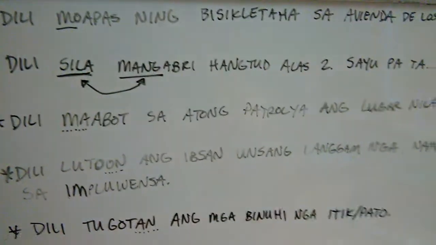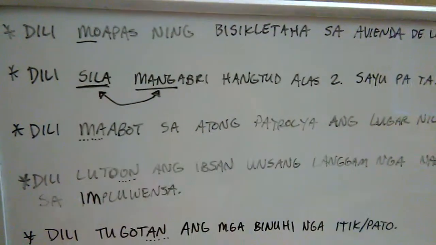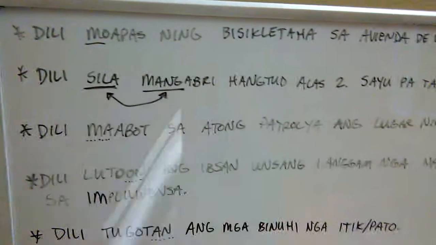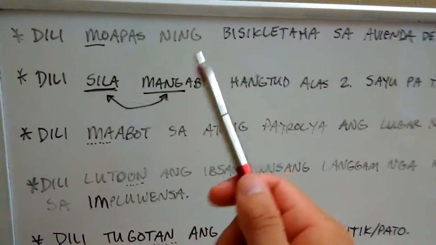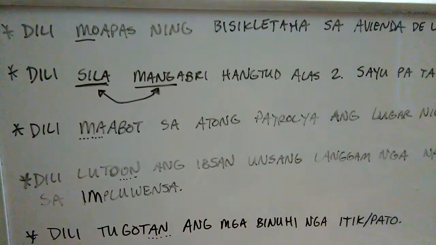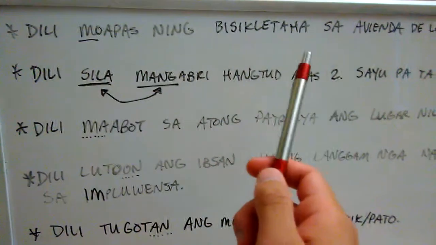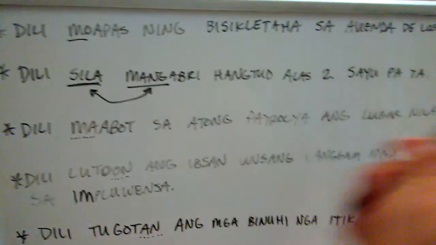So I can say, dili ning bisikletaha sa Hacienda de los Santos mo apas. It makes sense that way too, as long as it's marked, okay? Ning bisikletaha is marked, all right? I don't need to explain the nga and the aha specifier, right? You already know. I can even say, dili ning bisikletaha mo apas sa Hacienda de los Santos, right?